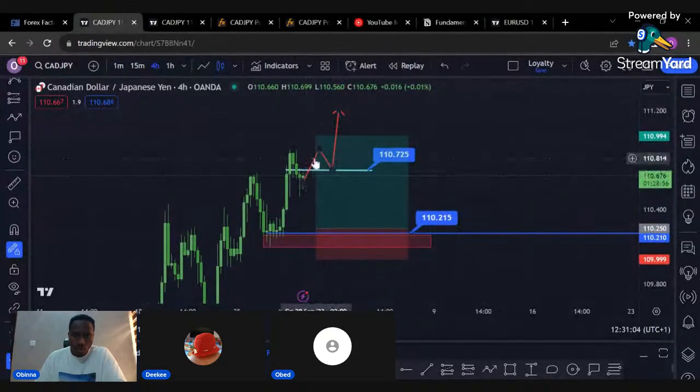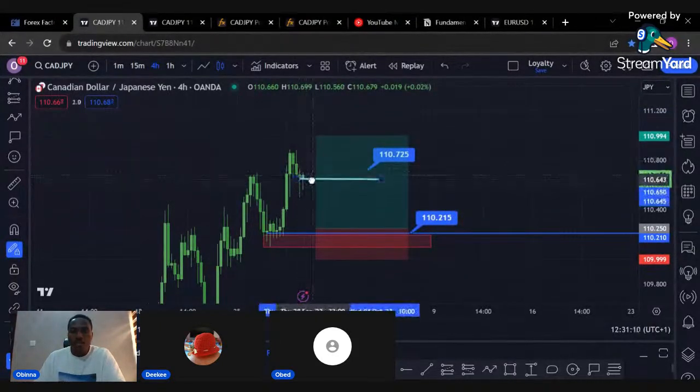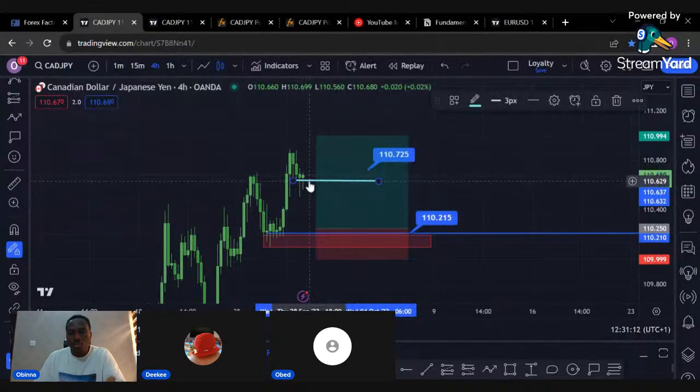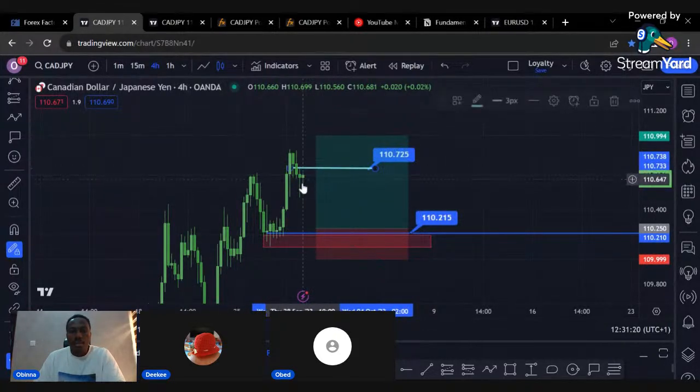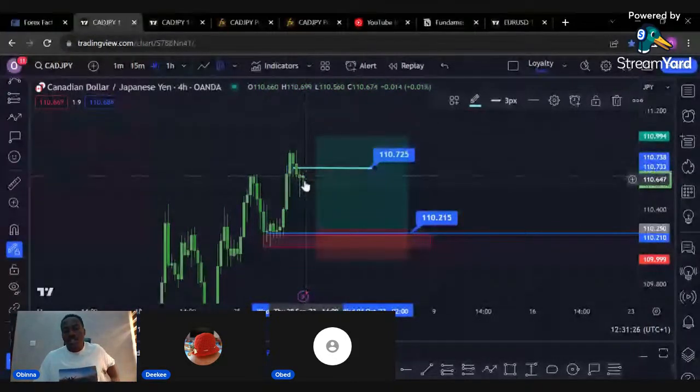The third option for the higher time frame is to wait for price to make a real informed decision, like a real new higher low, that you can work with. If price makes a higher low around here, then it's good enough to continue going up. But for that one, you have to wait for price to actually finish forming the 4H candle.